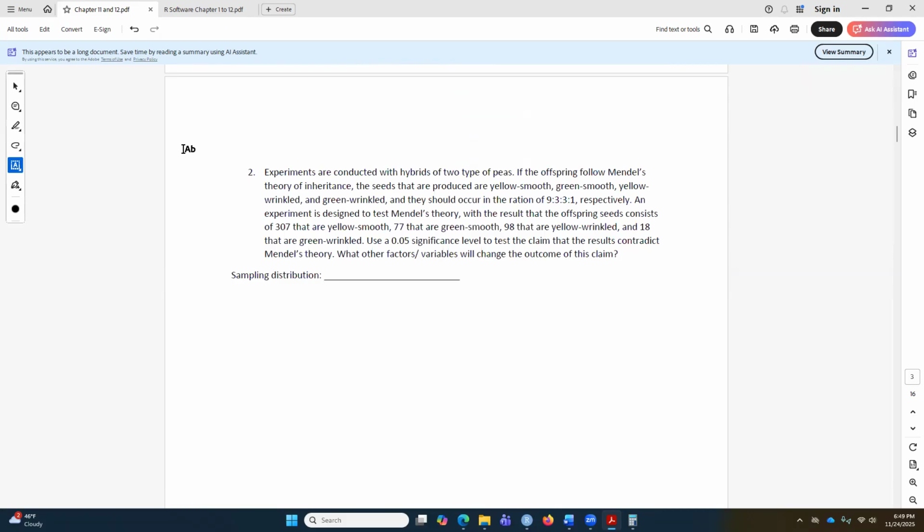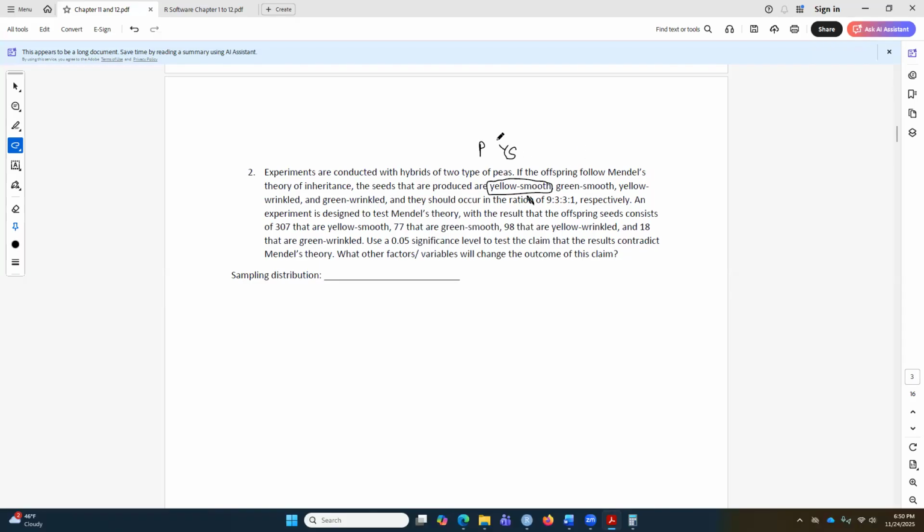And they should occur with the ratio, not ration, so I have a typo here, of 9:3:1. Usually the 9 goes to yellow smooth. I'm going to short form this to YS, and then green smooth is GS.